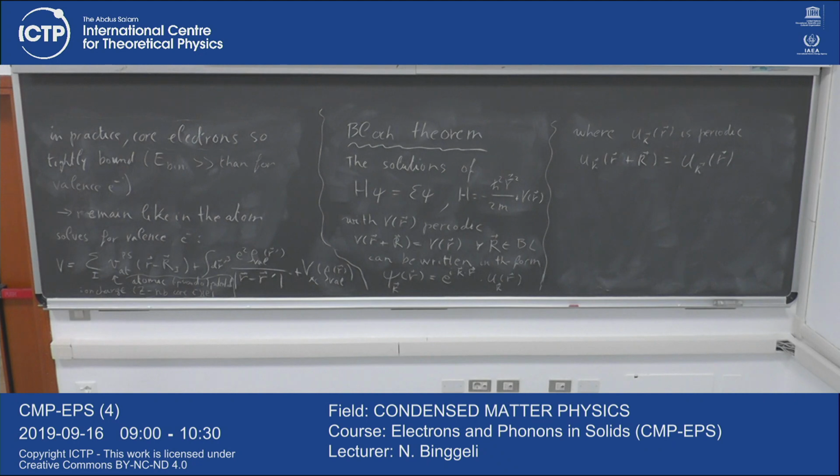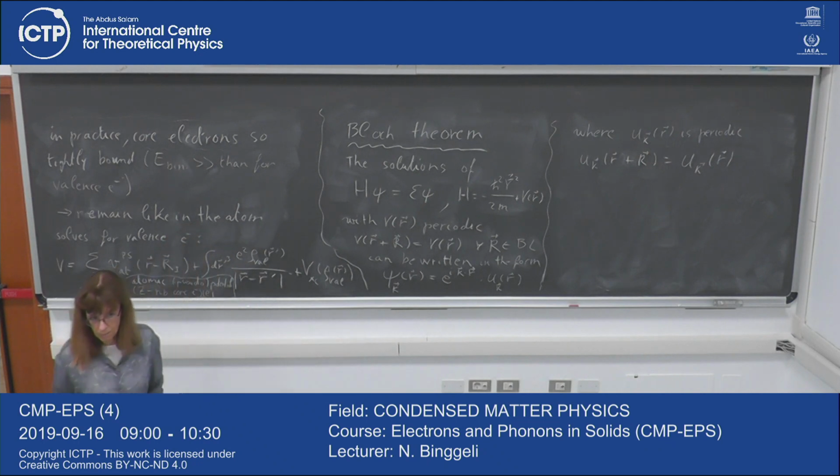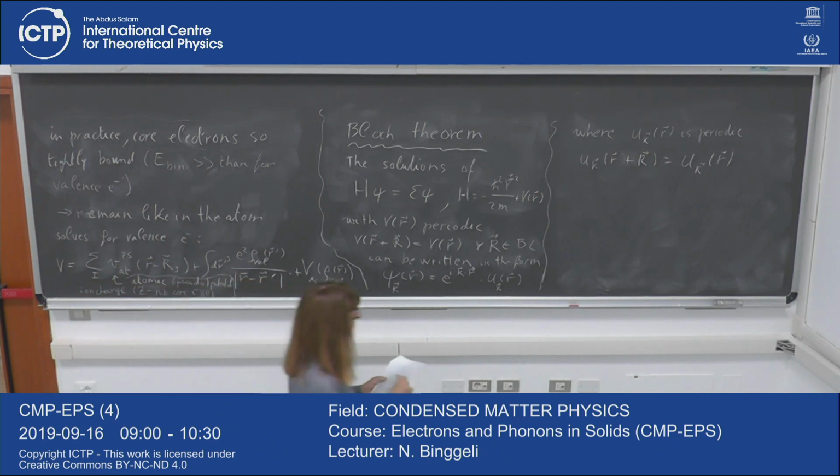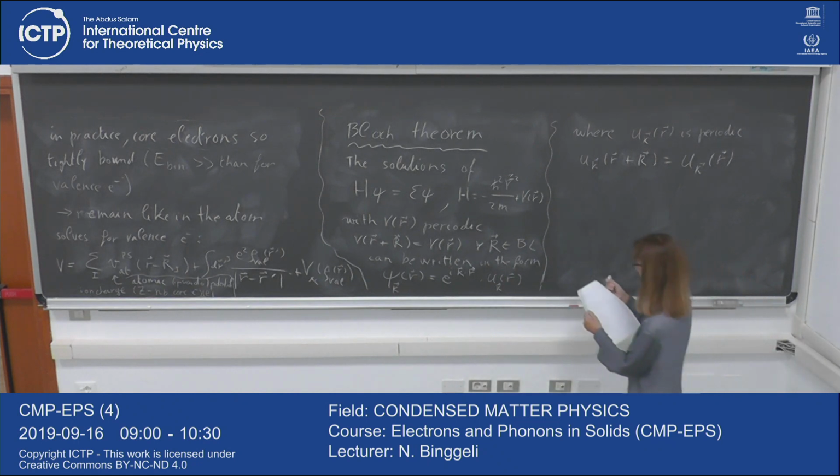So they commute with the Hamiltonian, and one can simultaneously find eigenstates of the translational symmetry operation with the Bravais lattice and of the Hamiltonian. So the Bloch states are just the eigenstates of the translational symmetry operation with the Bravais lattice.